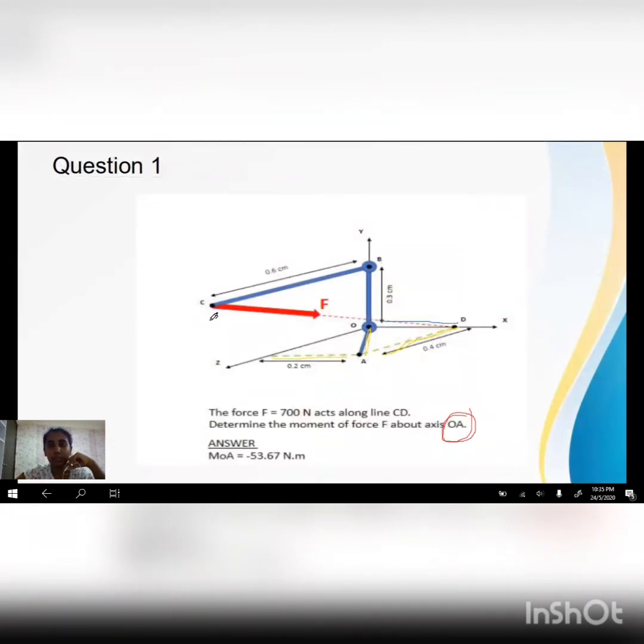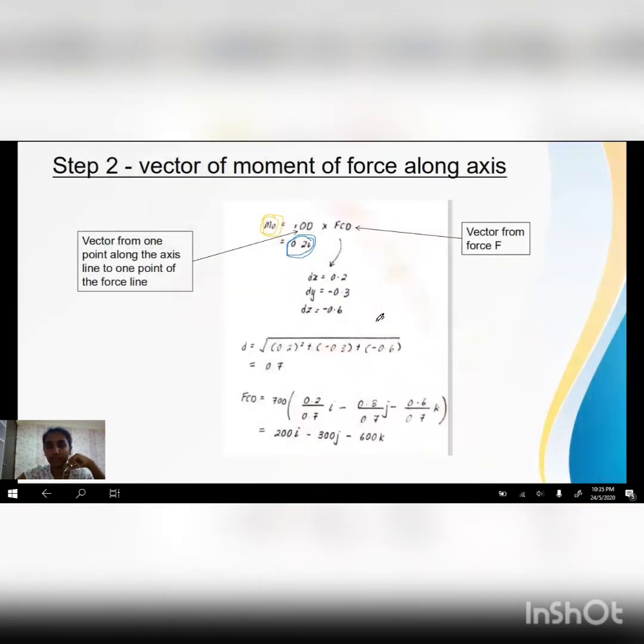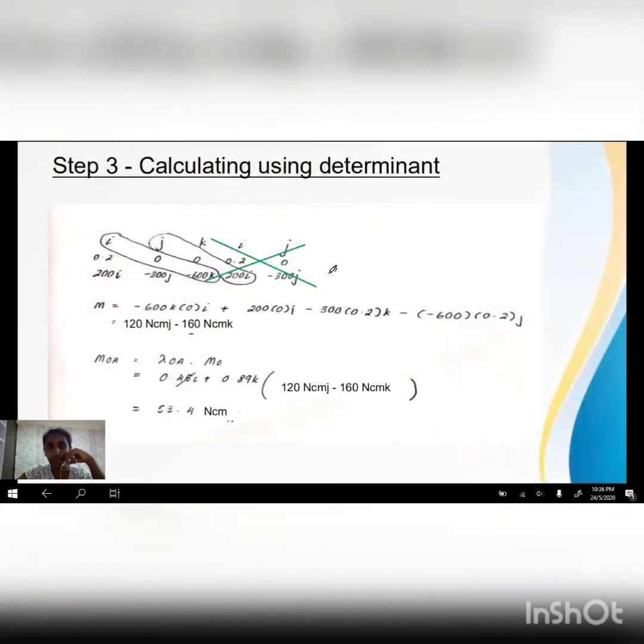Since the force is moving to the right-hand side of the x-axis, going towards the back and going down, dx is positive, while dy and dz are negative. You plug these values into the d formula, and using the coordinate method, you will find force CD. Later, the third step is calculating using the determinant.